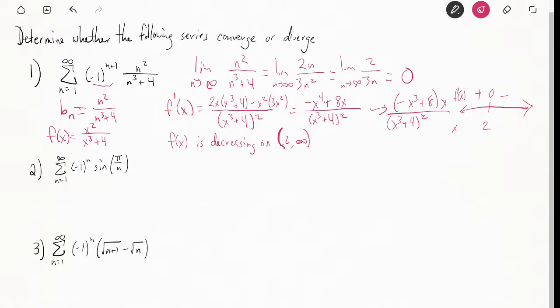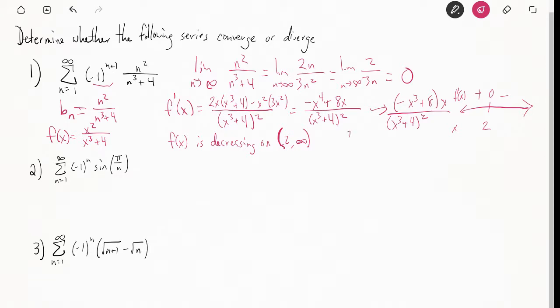But notice the first two terms may not be decreasing, but after that, yeah, it's going pretty good, and everything's decreasing from there on out. So this still suffices for us to pass the alternating series test.